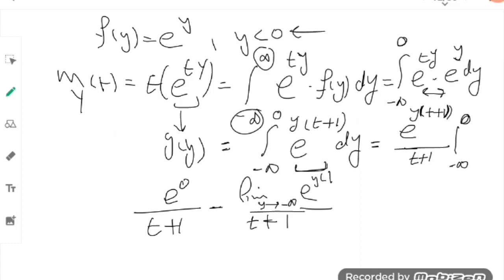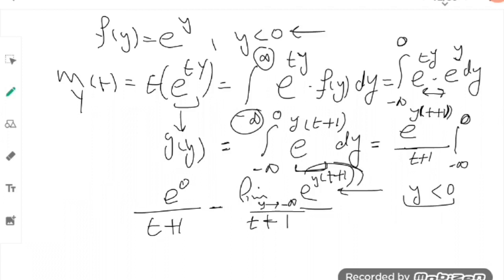What is the value of this limit? We know that y is a negative value. So if y is a negative value, then this limit will tend to 0, because e to the power negative infinity will be 1 divided by e to the power infinity, and 1 divided by infinity equals 0. What keeps this exponent?